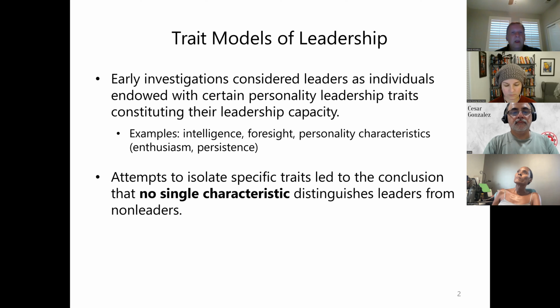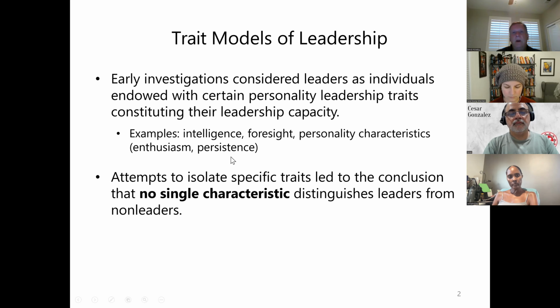So it's important that we've moved away from the trait model and assume that we can teach leadership, and there are sets of skills and characteristics that people can learn in order to become better leaders. There's no single characteristic that will distinguish someone as a leader versus a non-leader.